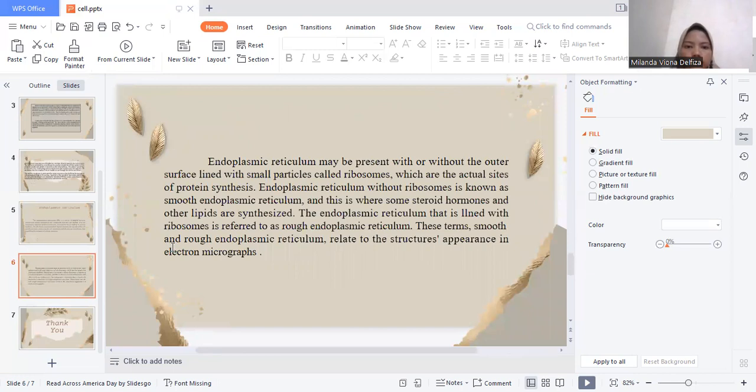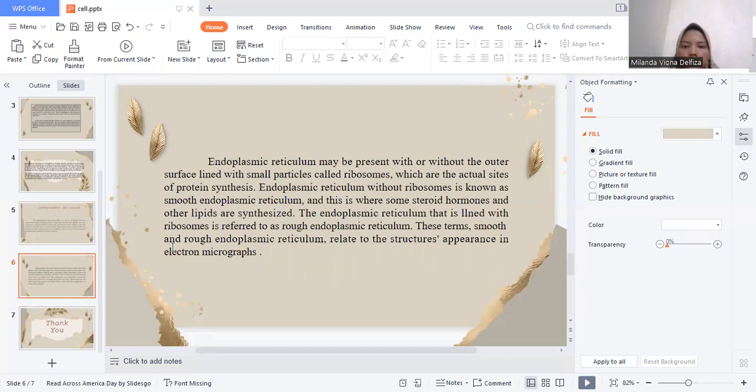Endoplasmic reticulum might be present with or without the outer surface lined with small particles called ribosomes, which are the actual sites of protein synthesis. Endoplasmic reticulum without ribosomes is known as smooth endoplasmic reticulum, and this is where some steroid hormones and other lipids are synthesized.